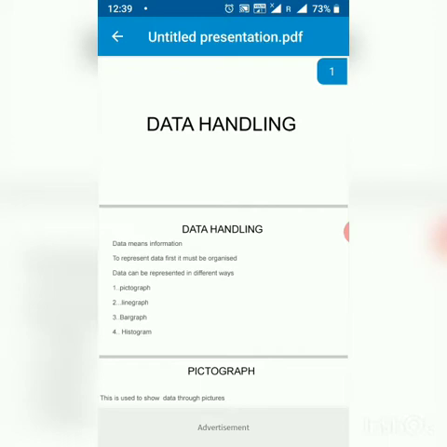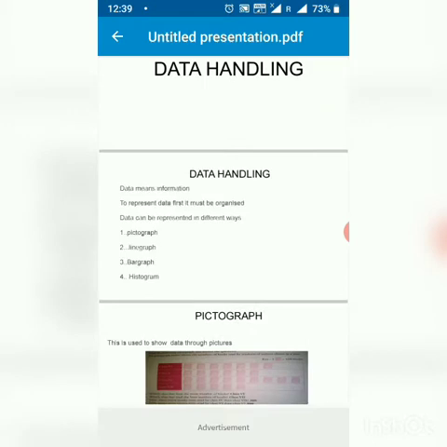So next chapter we'll go to data handling. So what is data? Data means information. Any information which is collected and represented in an organized way, that is known as data.